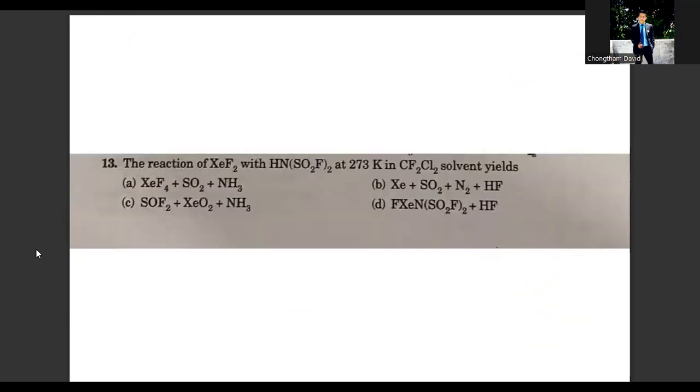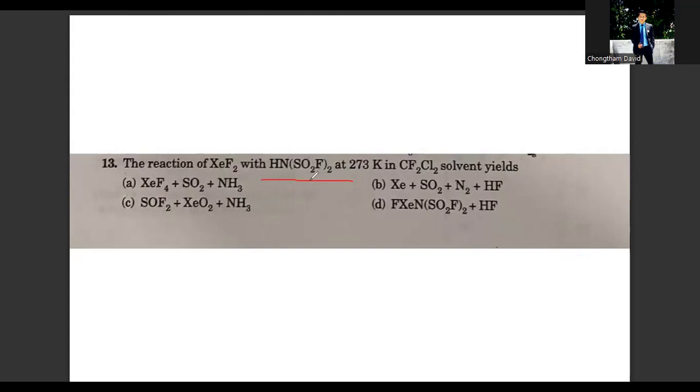Next, question number 13. The reaction of xenon difluoride with HNSO2F2 at 273 Kelvin in CF2Cl2 solvent yields. The reaction between this xenon difluoride and this salt, it is called difluoroamine sulfonyl fluoride.